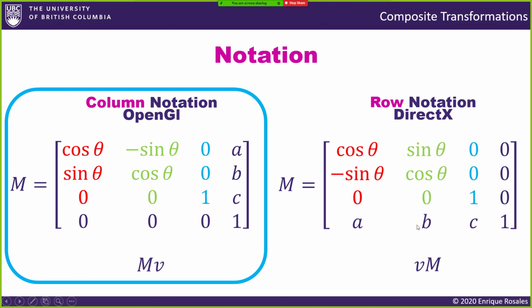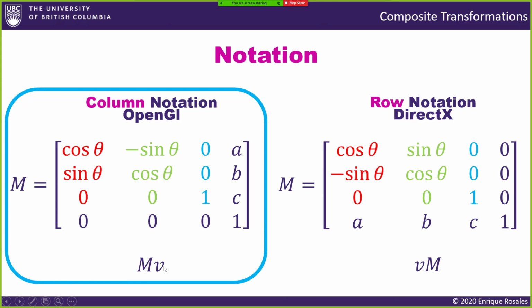And in terms of using these matrices, if a matrix has a column notation and you want to multiply that matrix times a vector, it is the matrix times the vector. So the matrix is on the left side and the vector is on the right side, and the vector needs to be a column vector. I think I included this on the first quiz, if I remember correctly.